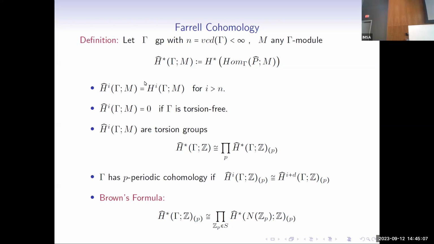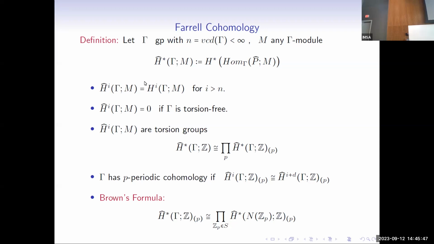And well, what we know is that these Farrell cohomology groups coincide with the usual cohomology in positive dimensions. They're zero if the group is torsion free, and so these are torsion groups, right? So you can study them by looking at the p-primary component, one prime at a time, and it's a nice feature that some of them have periodic cohomology, right?